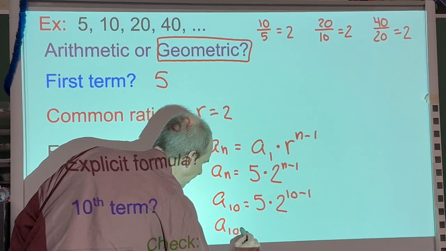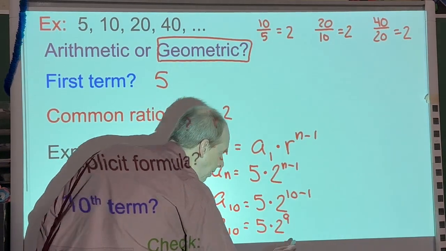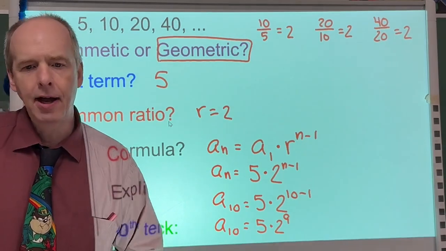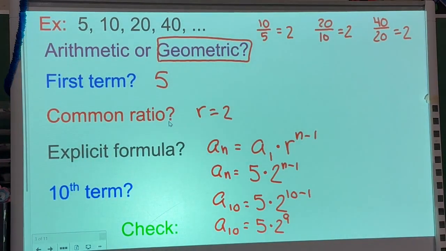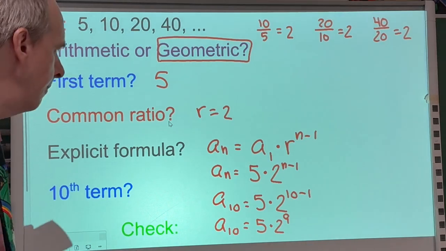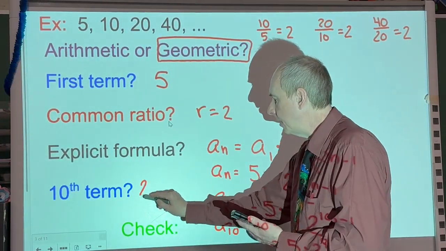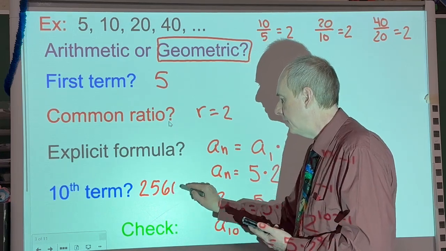So a sub 10 would equal 5 times 2 to the 9th. No, you cannot multiply the 5 and the 2. They're different bases. But what we can do is figure out 2 to the 9th and multiply by 5. So in my calculator, 5 times 2 exponent 9. My answer for the 10th term is 2,560.